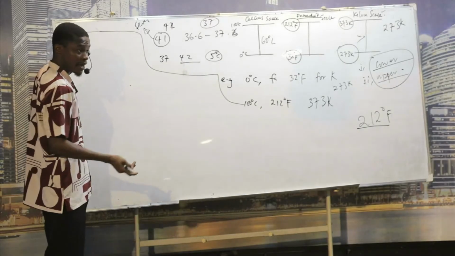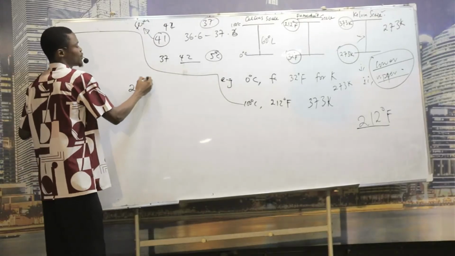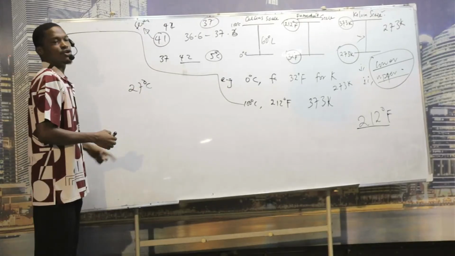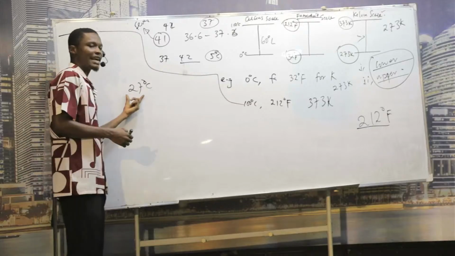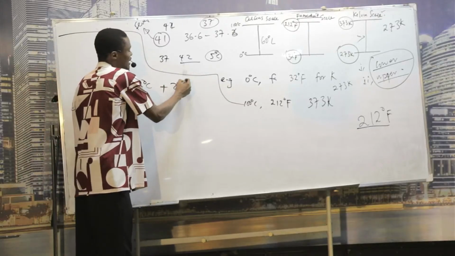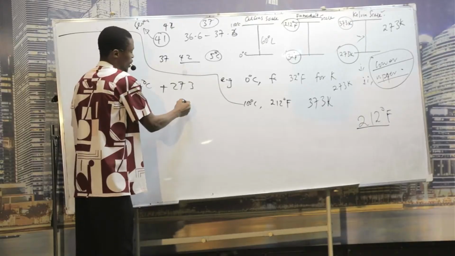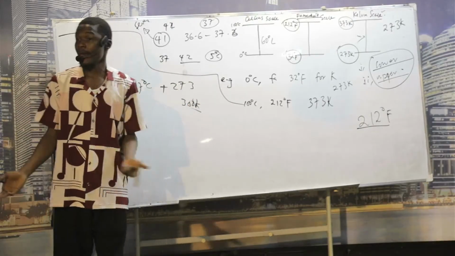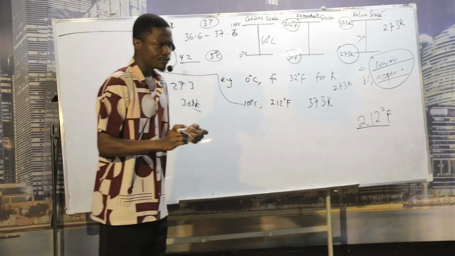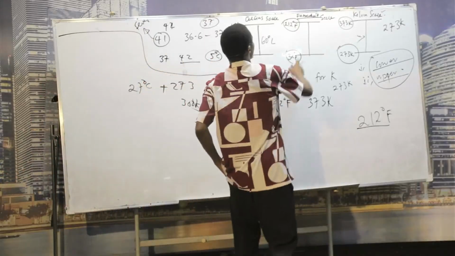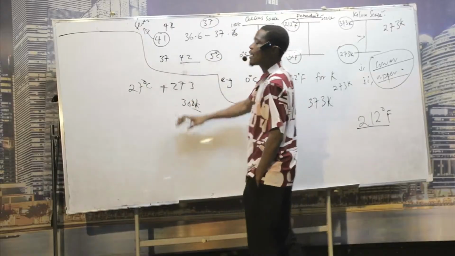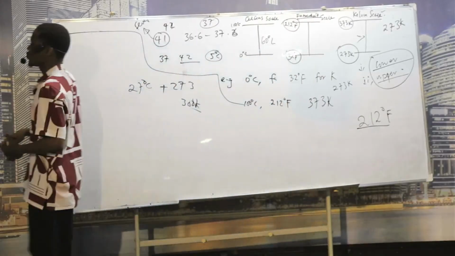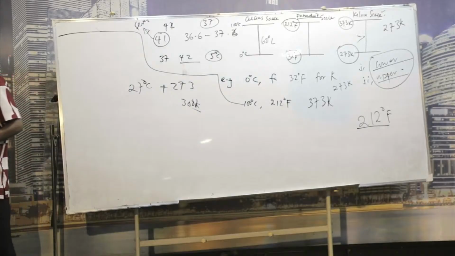For example, if I tell you a temperature of 27 degrees Celsius, you will convert it to Kelvin by adding 273, which gives you 300 Kelvin. Then this is what you will use for that calculation. Have you ever done that before? Good. Of course, we can use the general process that I want to show you now to convert between temperatures.